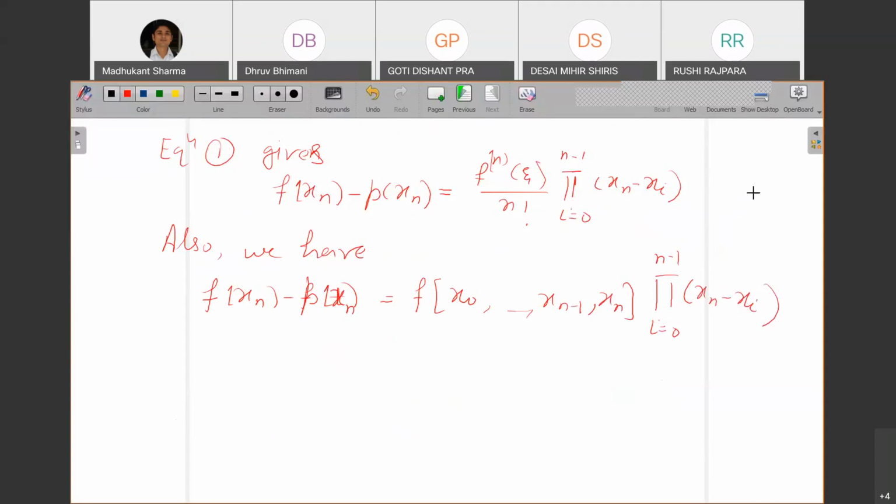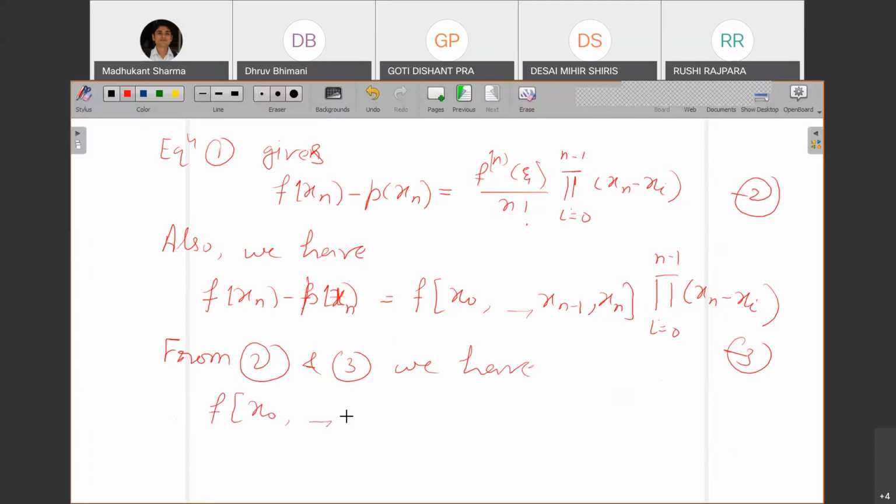This is equation 2, and this is equation 3. So from 2 and 3 we have the result: f of x0 to xn equals the nth derivative of f at z by n factorial.